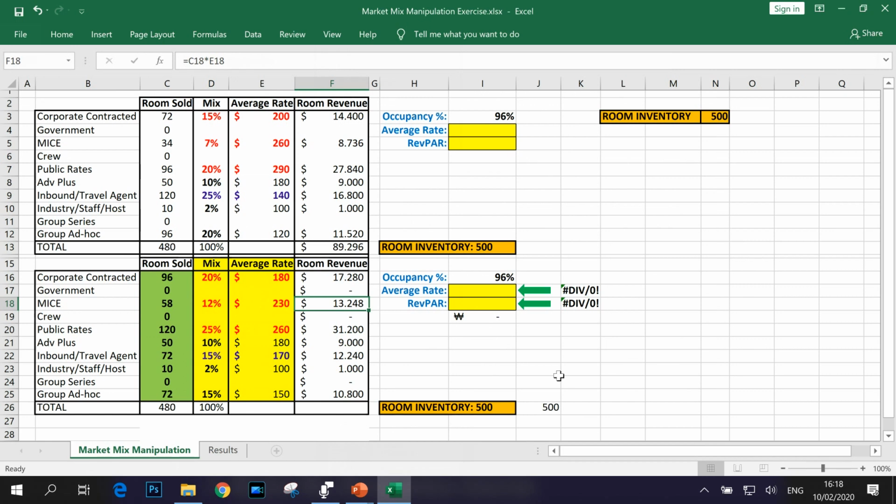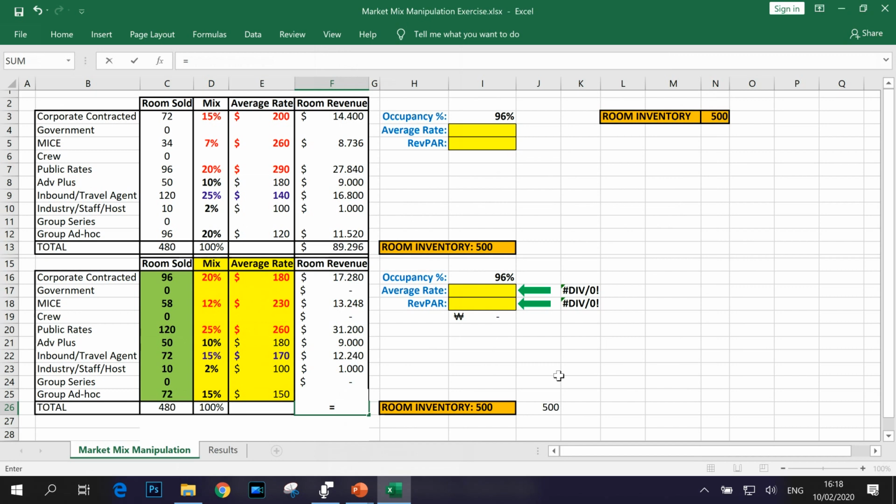MICE will give us $13,248 US, public rate 31,200. Inbound travel agent will give us 12,240, and revenue contribution from group ad hoc will be 10,800.